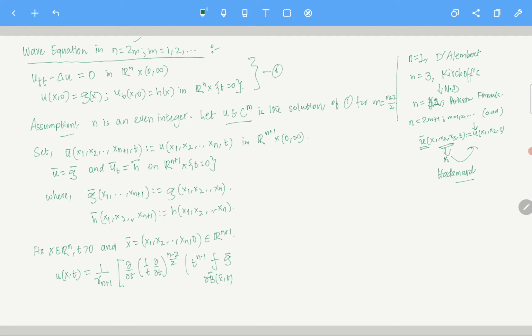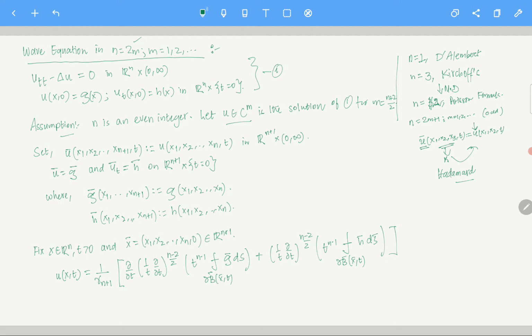Integral of g bar dS, clear? So that is there, plus (1/t d/dt) to the power (n minus 2)/2, t^(n-1), integral over the boundary of B bar(x bar, t) of h bar dS bar, and then we close the bracket.